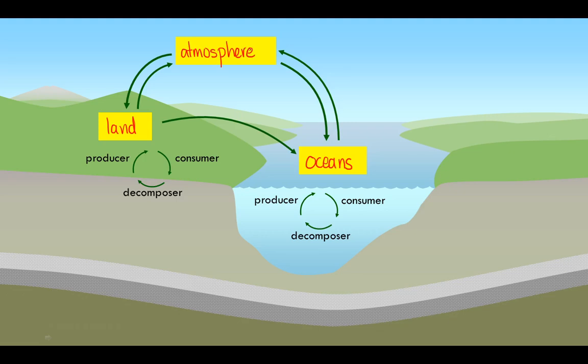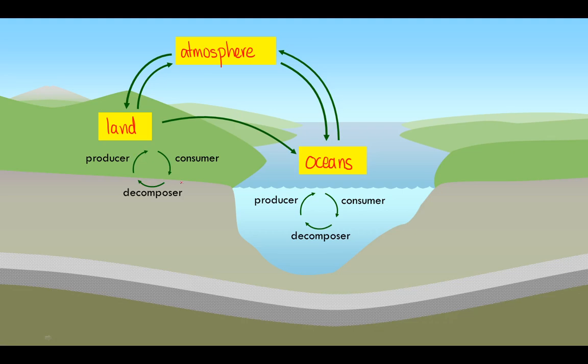Nitrogen is one of the major components of the atmosphere, and then it's captured by prokaryotic organisms so that we can use it. And what you can see here is that nutrients are constantly moving back and forth between these different areas. There should actually be an arrow connecting the oceans back to the land, because there is a nutrient flow there, but it's a crude diagram.